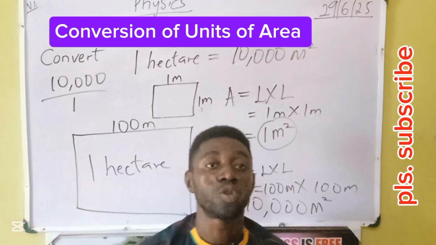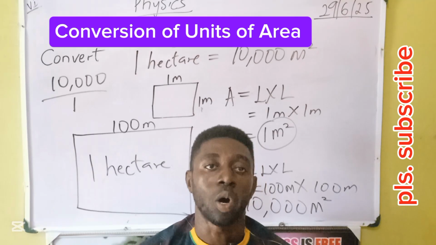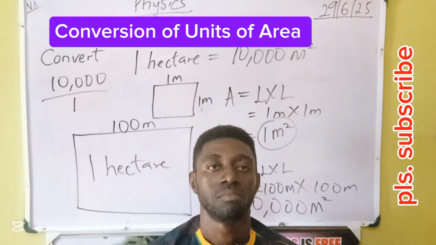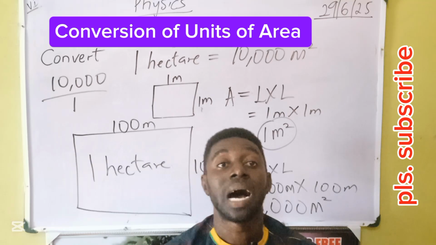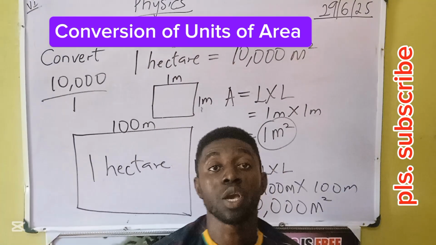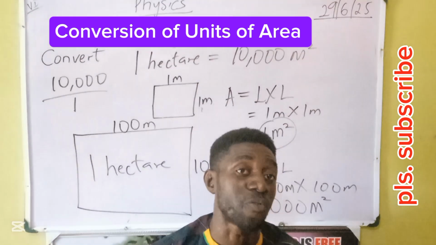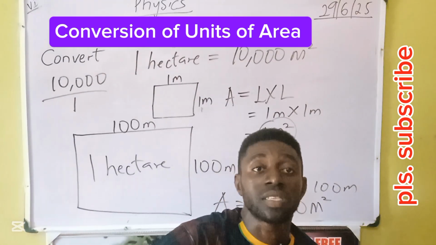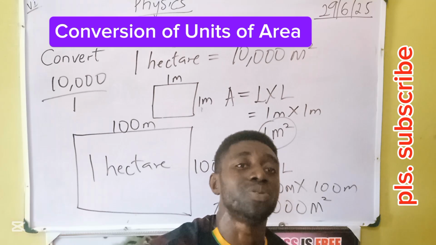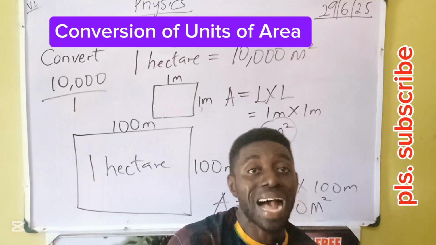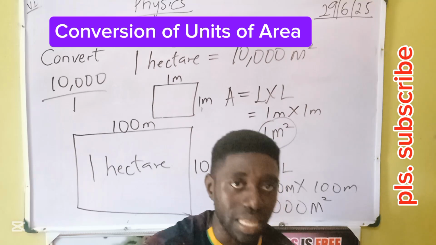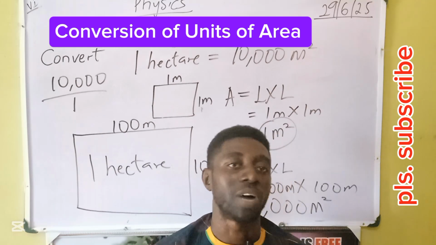Okay, I want to believe that you understand that 1 hectare is equal to 10,000 meters square. I want to believe that you've learned that in conversion of diverse units of area to meter square, no matter the units, since it comes with square, that square will be shared between the meter and the prefix like deci, centi, milli to make a proper conversion.